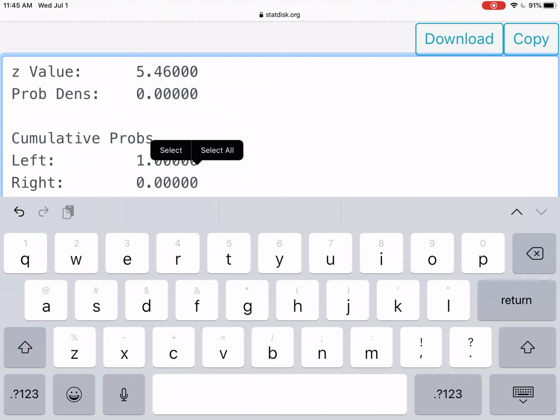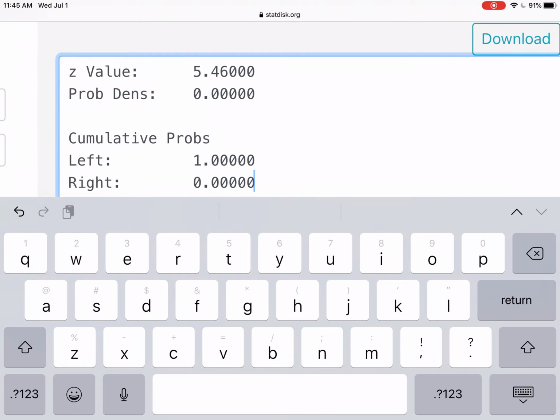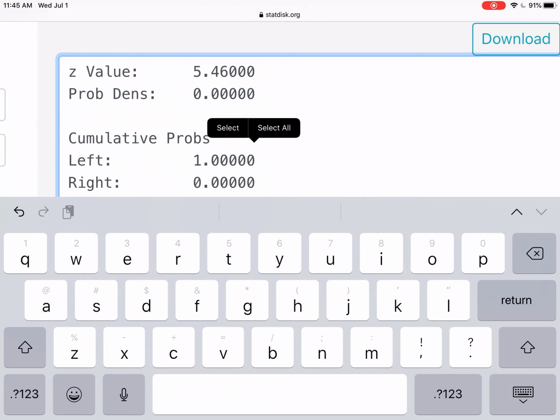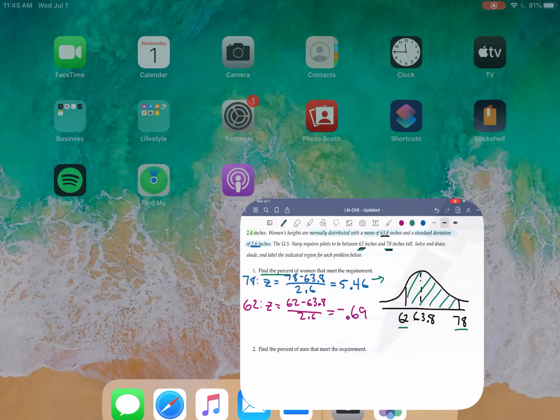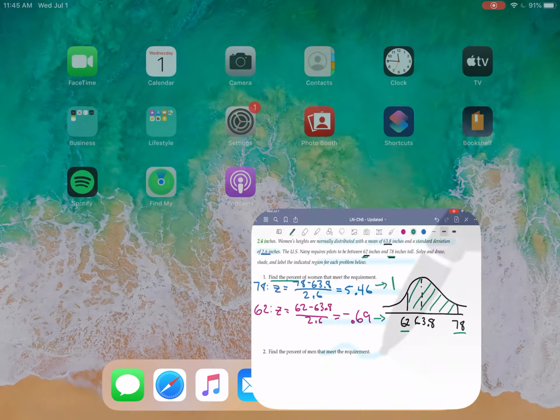So let's deal with areas to the left. The area to the left of a z-value of 5.46 is 1. So the area to the left of this is 1. The area to the left of a z-value of negative 0.69.